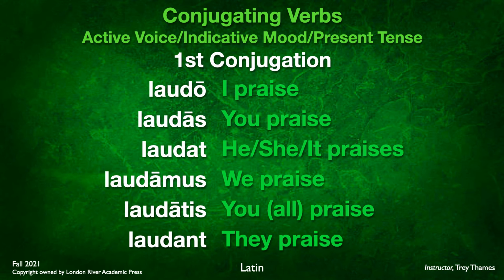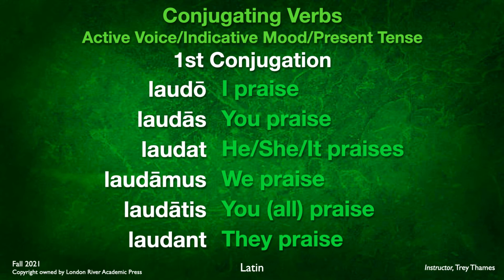You're welcome to use the feminine singular or the neuter singular, whatever helps you, but it's just awkward to say all three of them. So I praise, you praise, he praises, we praise, you all praise, and they praise. And again, a second person plural, you don't really have to have that. You could just simply say you praise, and that would be acceptable. And again, for us Southerners or Texans, y'all praise. So that's how you conjugate a verb, and that's how you translate them.